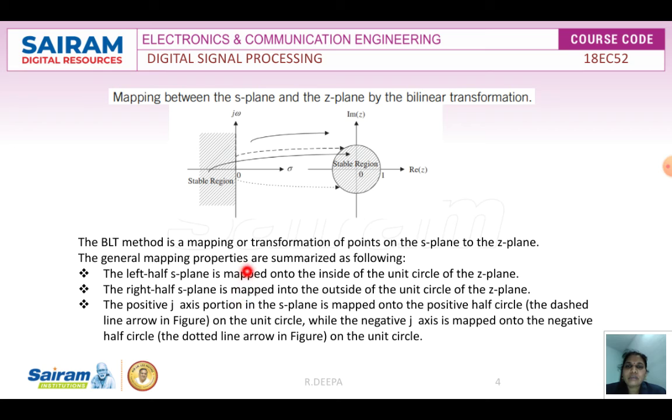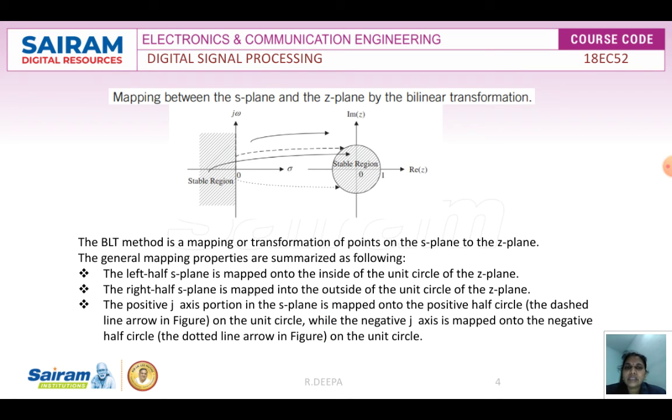And the points lying on the j omega axis, that is the boundary of the stable region, are mapped on the circle. This is your circle of radius 1, and this boundary is mapped on the boundary of the unit circle.